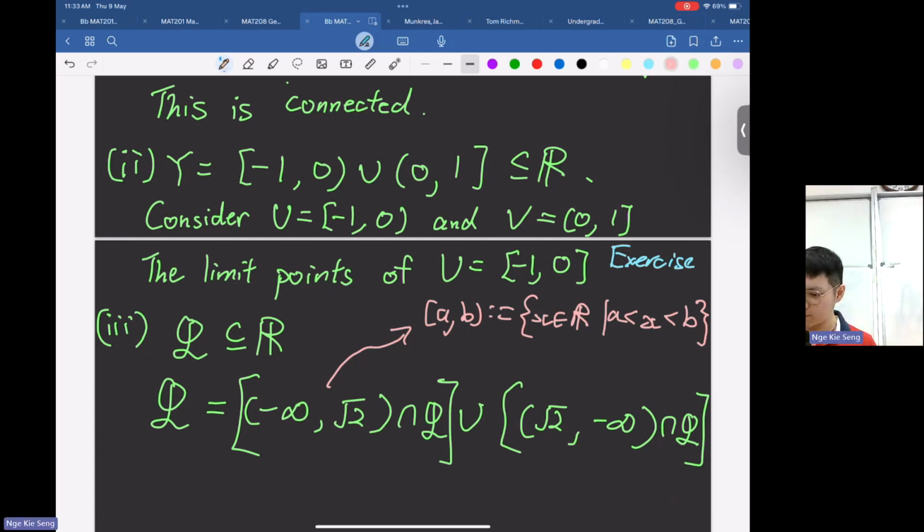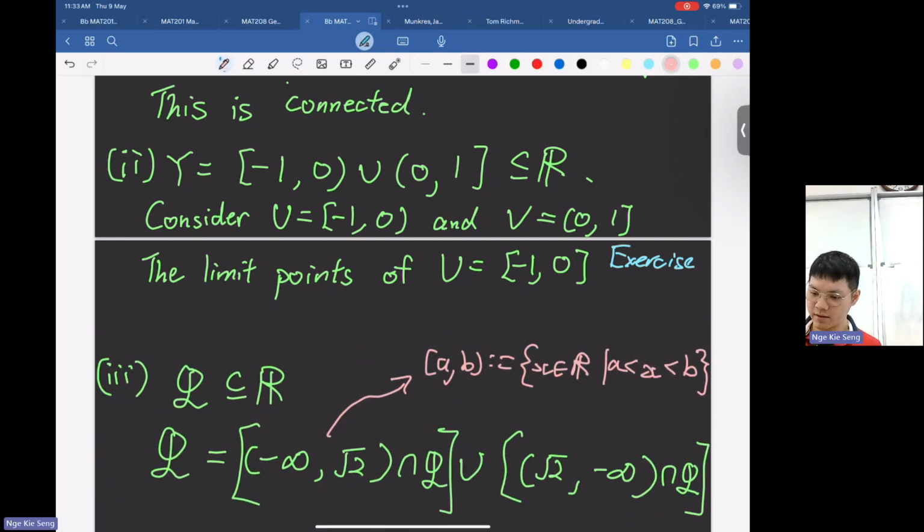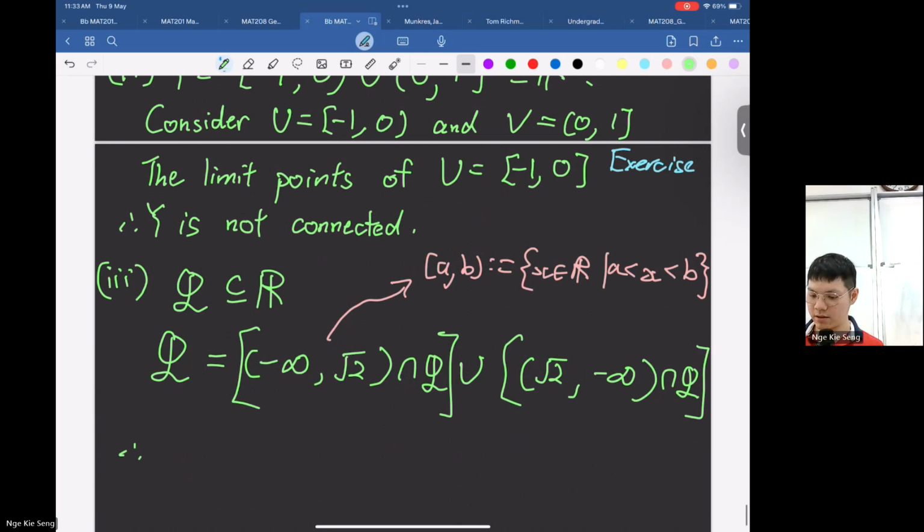We haven't concluded the previous one. Let me write down: here Y is not connected. Then here Q is also not connected.